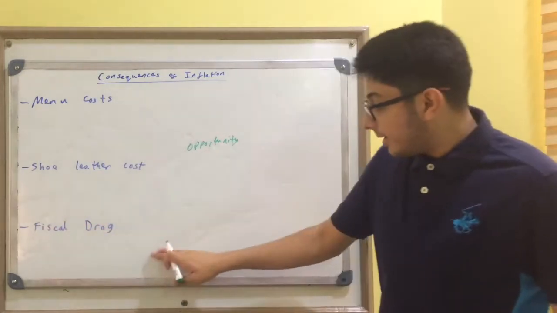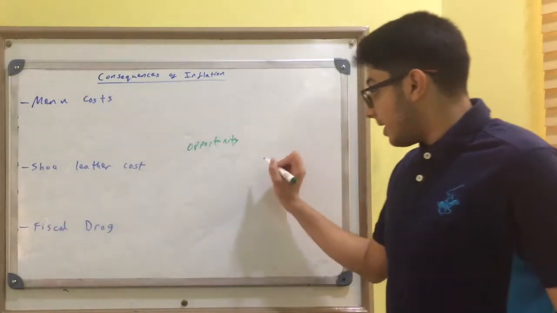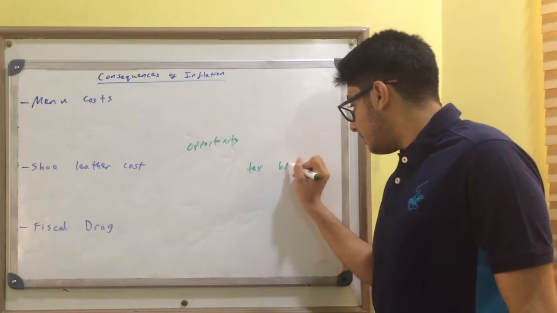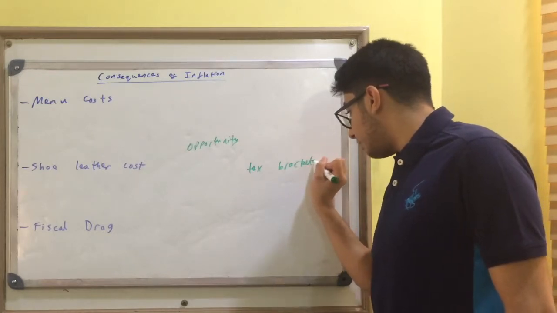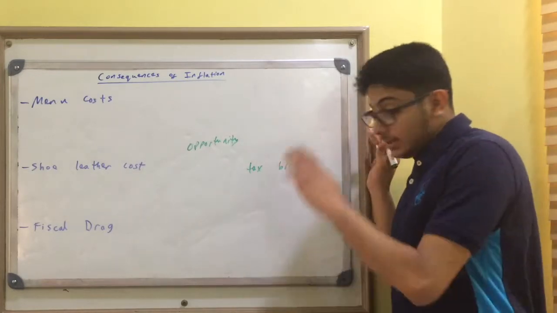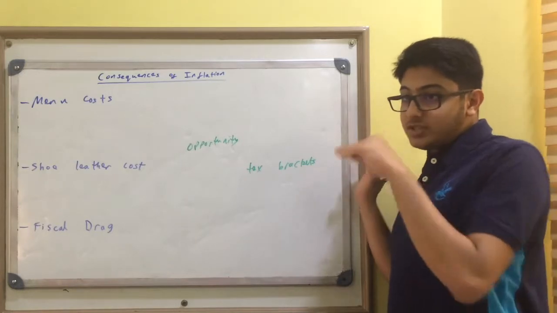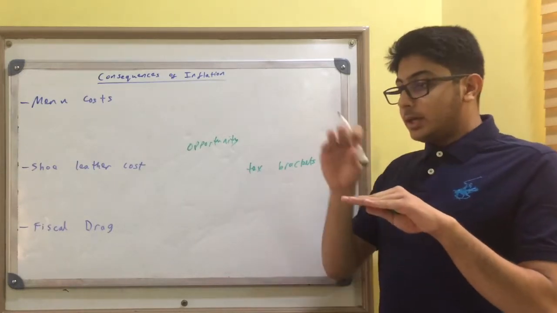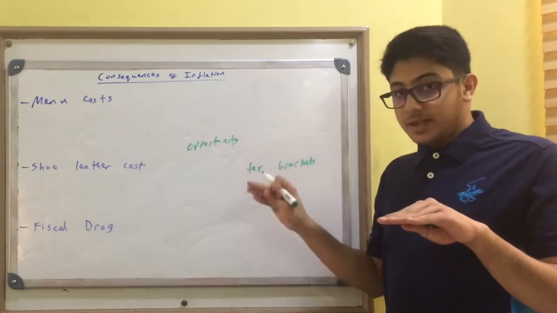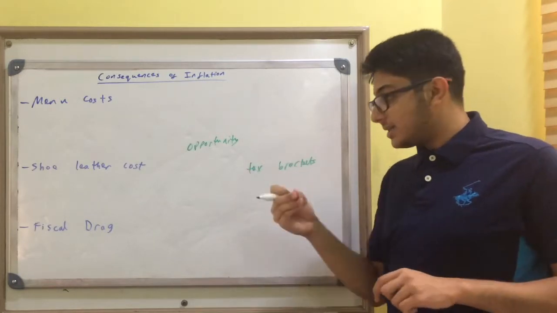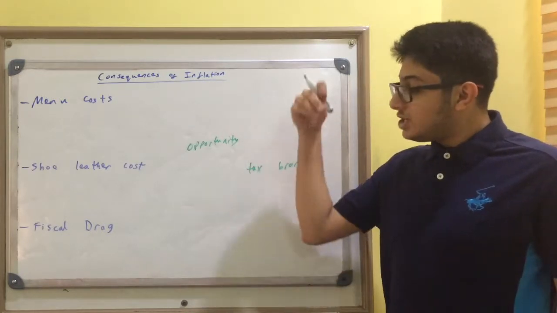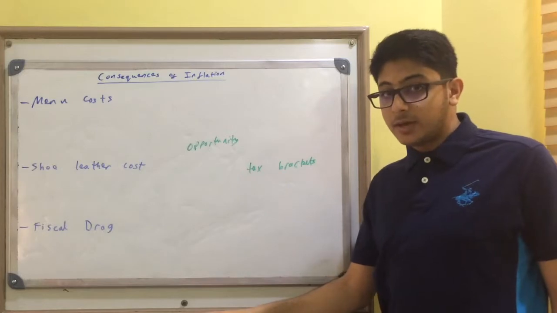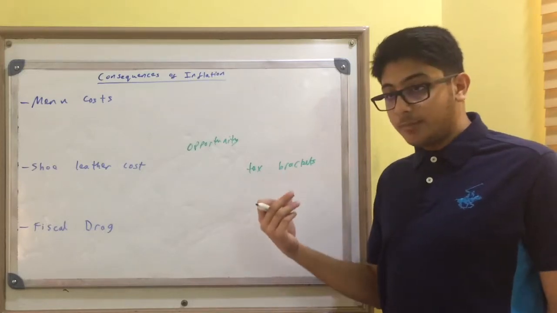Now, fiscal drag. Okay, we have tax brackets. Alright? I'm not going to explain what they are too much. Now, tax brackets, if you have a certain amount of income, you are in a certain tax bracket. So you have to pay a certain amount of tax. If inflation increases, okay, your income is going to increase because wages go up.